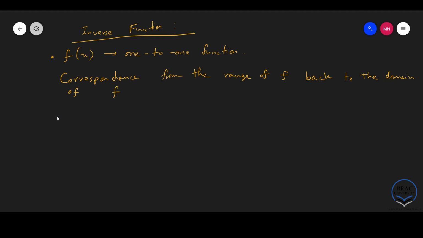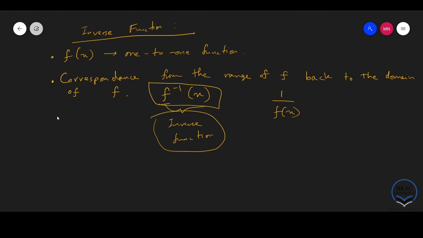This correspondence is known as the inverse function, and we can denote it as f inverse of x. Not to confuse this with f to the power of minus 1 of x, which is not the same as 1 over f of x. This is just denoting the inverse function, nothing else. These two things are not the same.